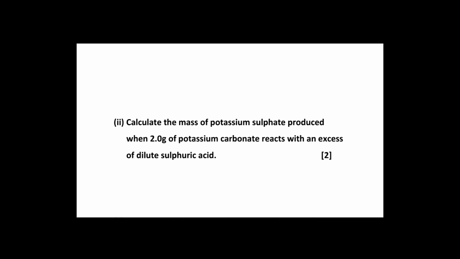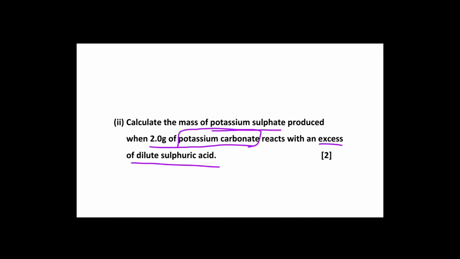This question is demanding us to calculate the mass of potassium sulfate produced when 2.0 grams of potassium carbonate react with excess dilute sulfuric acid. In this equation, they have given us a limiting reagent and a reagent in excess. And the limiting reagent in this case is potassium carbonate.